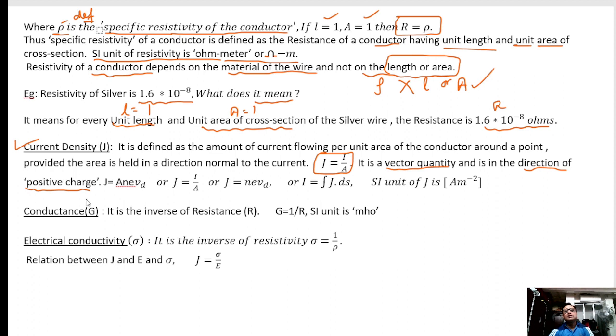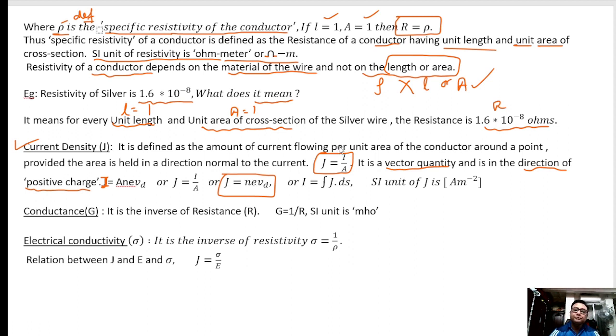We know that I is equal to nEAvd, so J will be I by A. The A cancels, and this is the formula of current density.